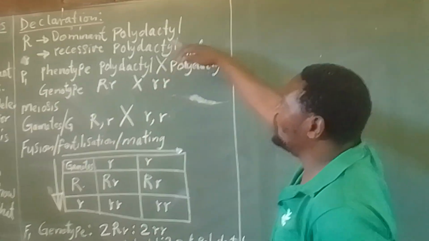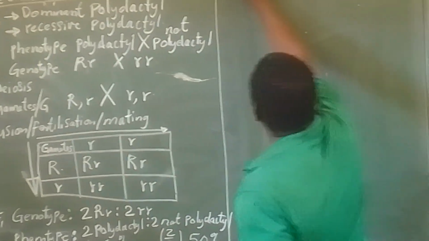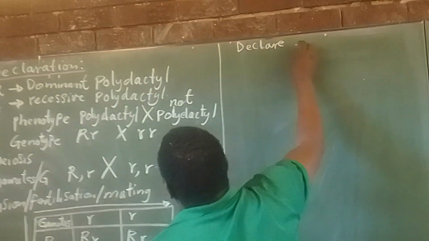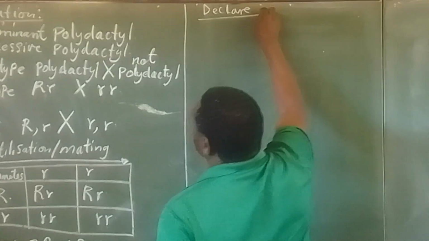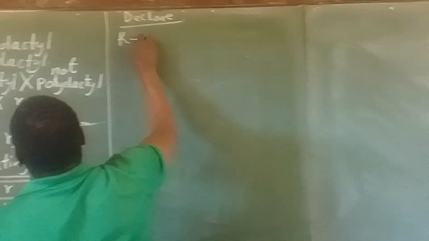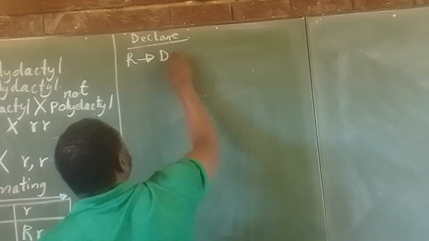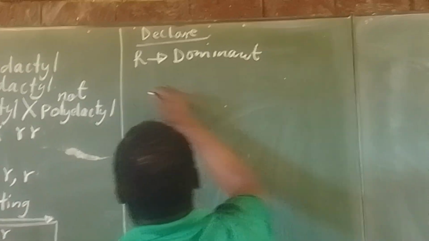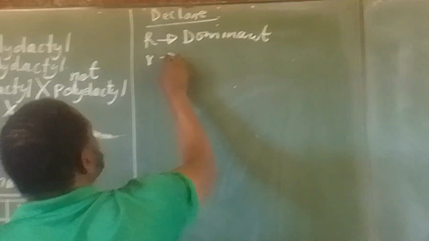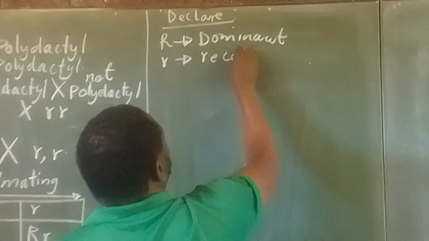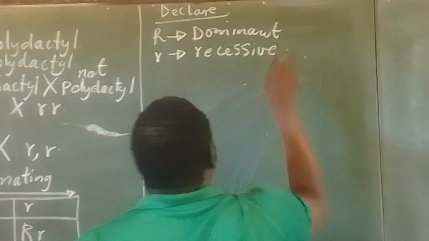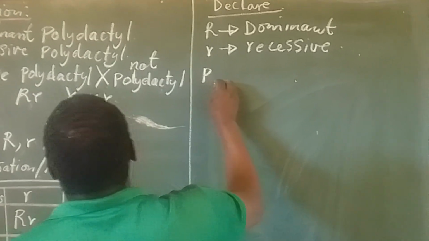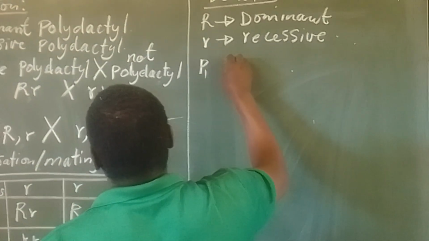Everything here is going to be like you are going to declare. After declaration, you are going to say R is dominant for polydactyl. r is recessive for polydactyl. Then you come and say the first parent, P1, I'm going to have a what?